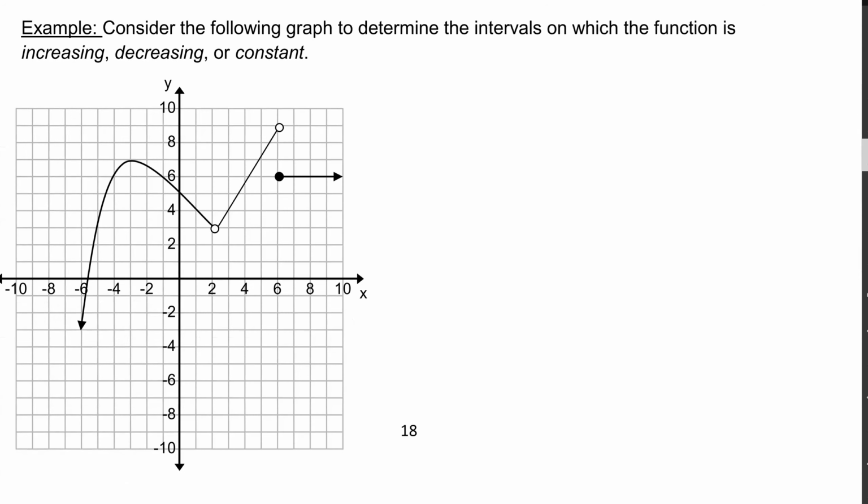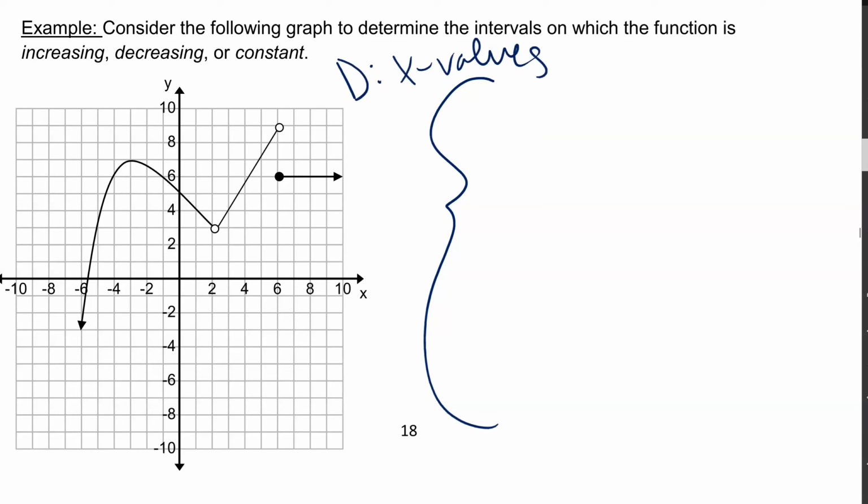Consider the following graph to determine the intervals in which the function is increasing, decreasing, or constant. Okay, so we want the intervals, meaning the domains. So I want the domain, which is the x values. And I'm going to split my graph up using 3 different colors.